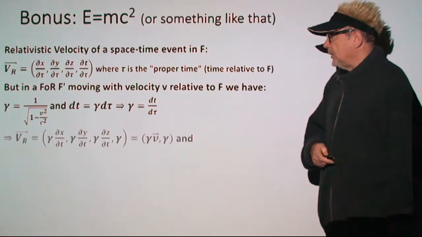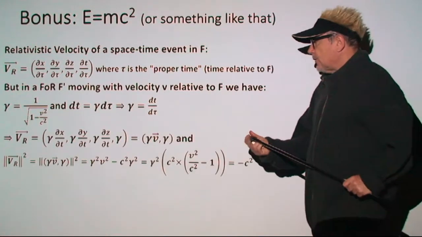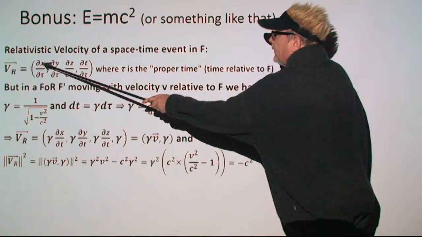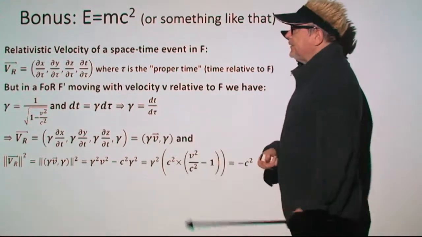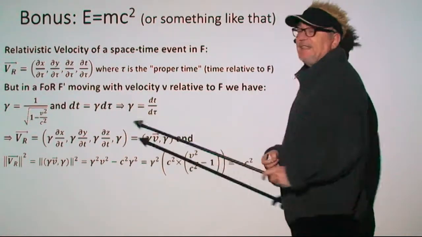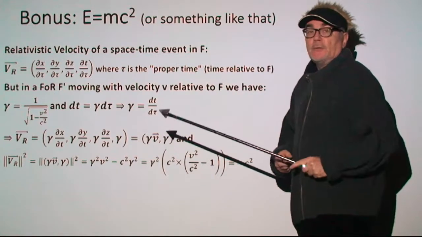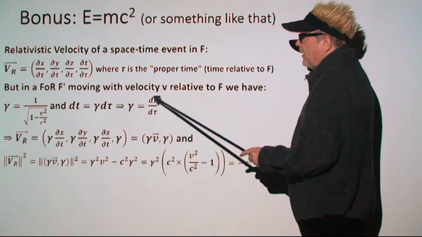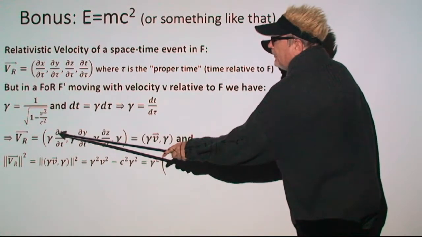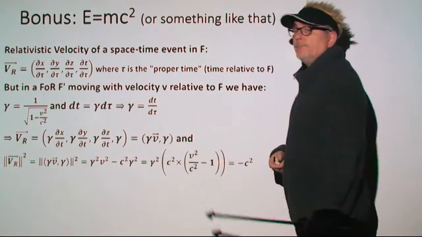Okay. Now, if we look at, for instance, dx over d tau here, it's equal to dx over dt times dt over d tau, right? And dt over d tau is gamma. Therefore, dx over d tau is equal to gamma times dx over dt.